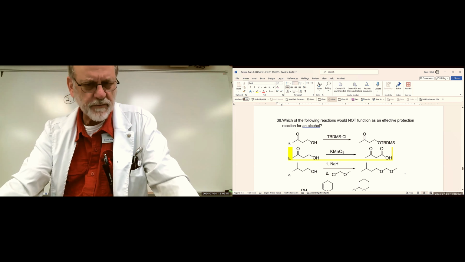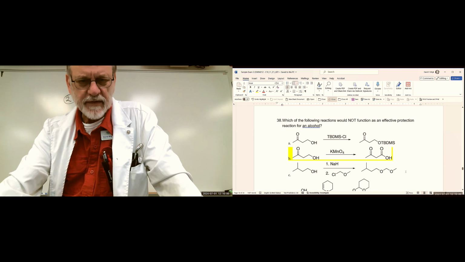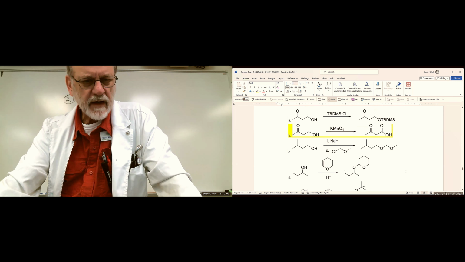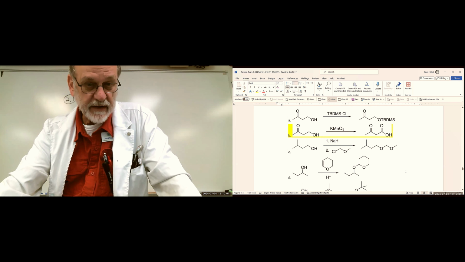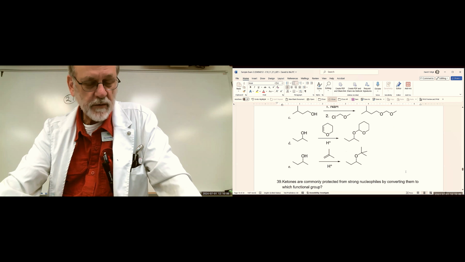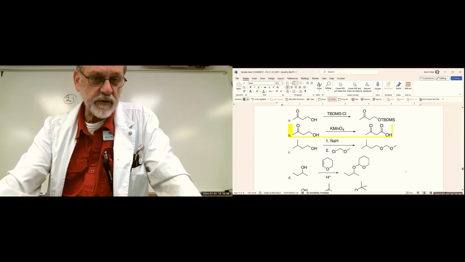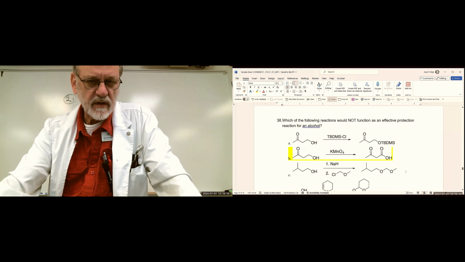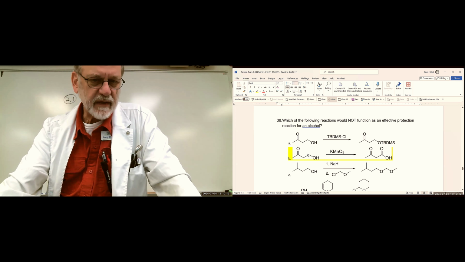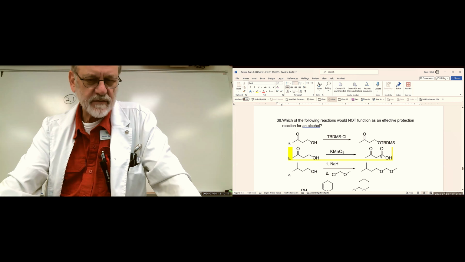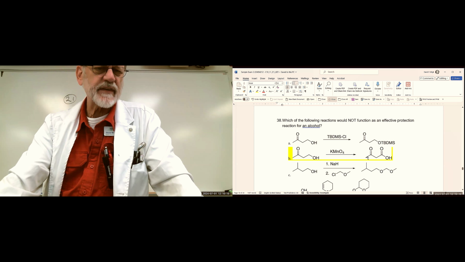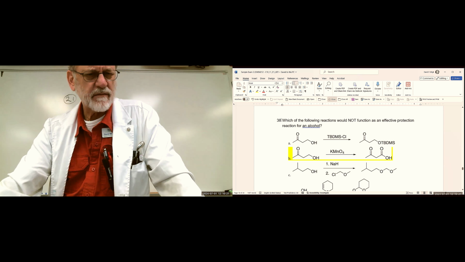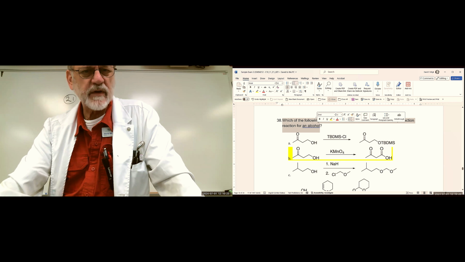For C, we're forming an ether. That protects it. D, we form another ether, protects it. E, we form another ether. So all those ethers protect that group. But B does not. KMnO4 simply forms another carbonyl group. That's easy. It's probably why you didn't mention it.